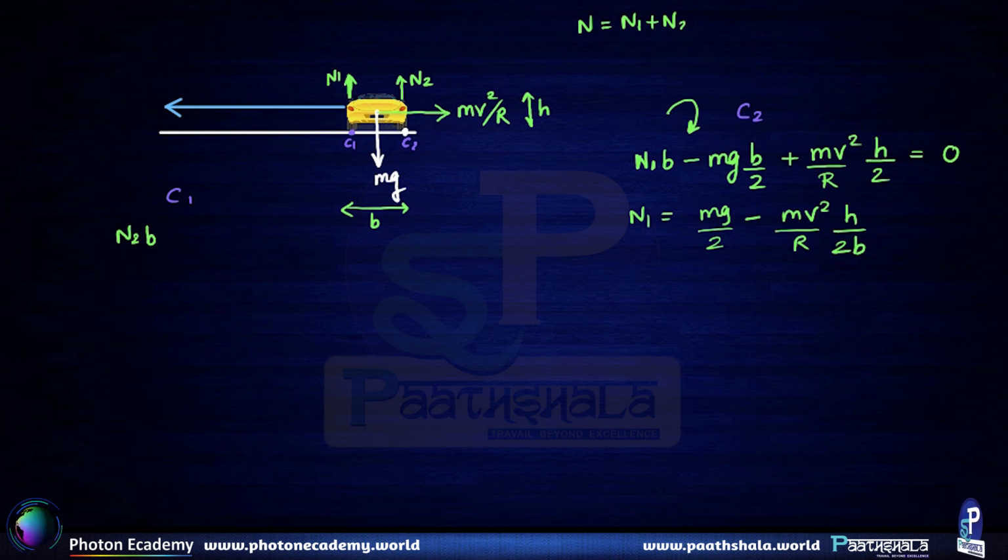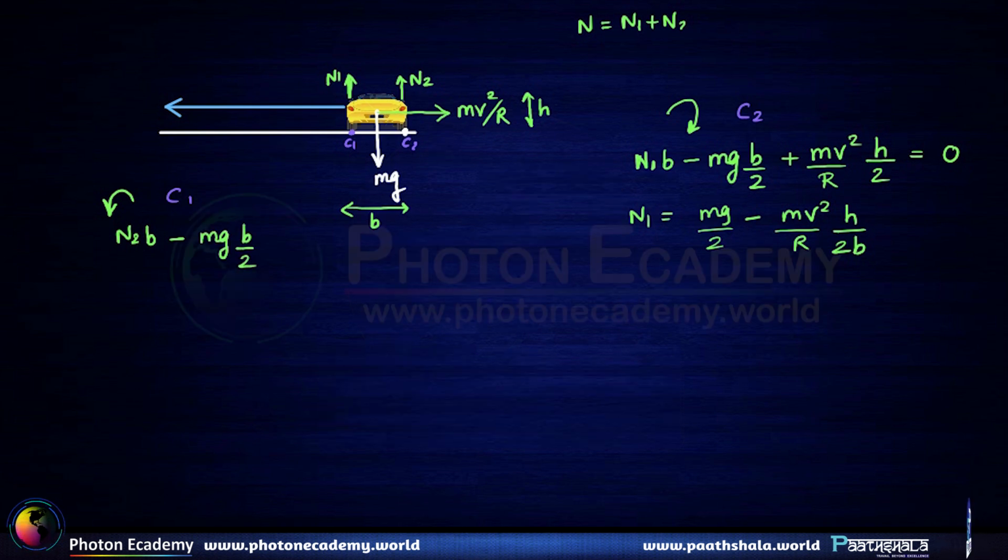I'm writing down the equation for this kind of torque, and hence this is a counterclockwise torque, so I'll get minus mg into b by 2 minus mv square upon r into h upon 2. This is the net torque, which happens to be 0.